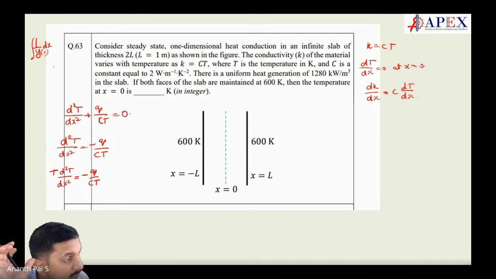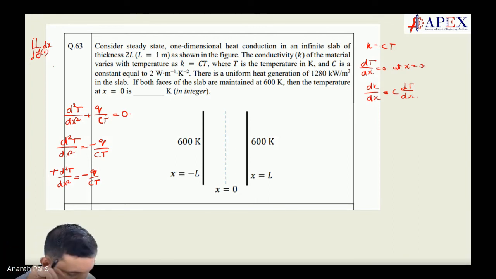We have to integrate. Integration itself is becoming difficult here. Integration of t into d square t by dx square, which is non-linear. Let us look at some of the integration methods.